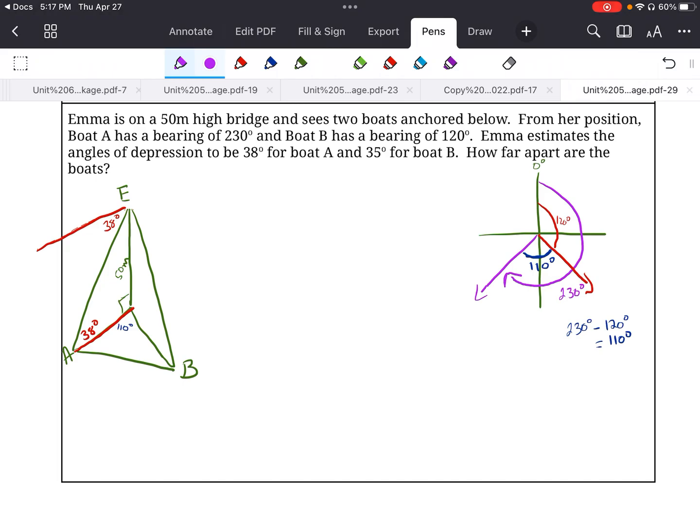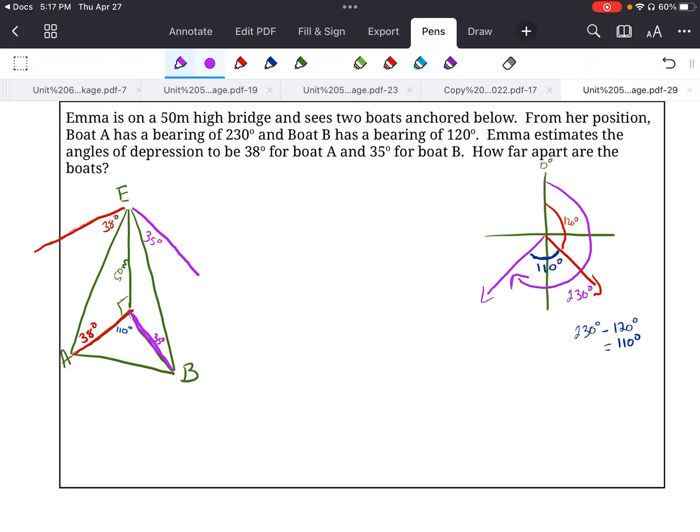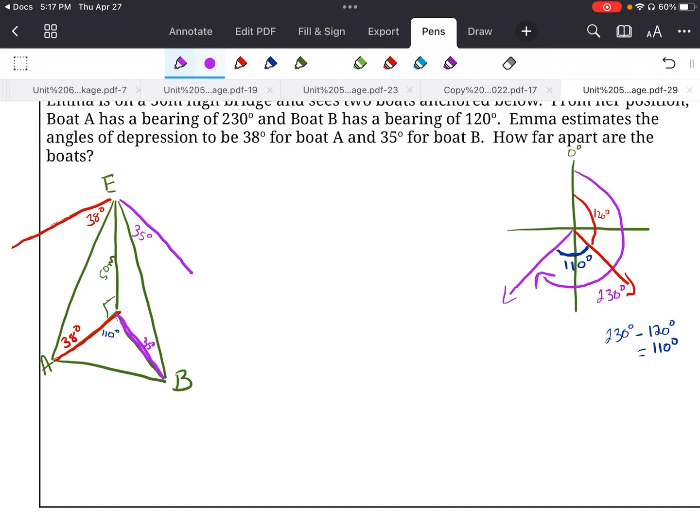Sorry, it should be parallel. So if this is 35 degrees, then this is also 35 degrees. Good. So first thing we want to do is solve for here. So there's the diagram.